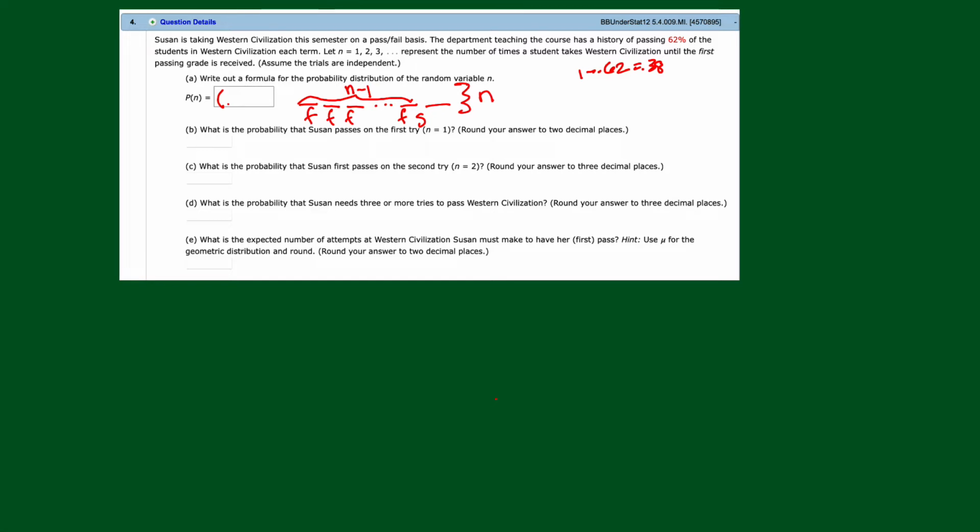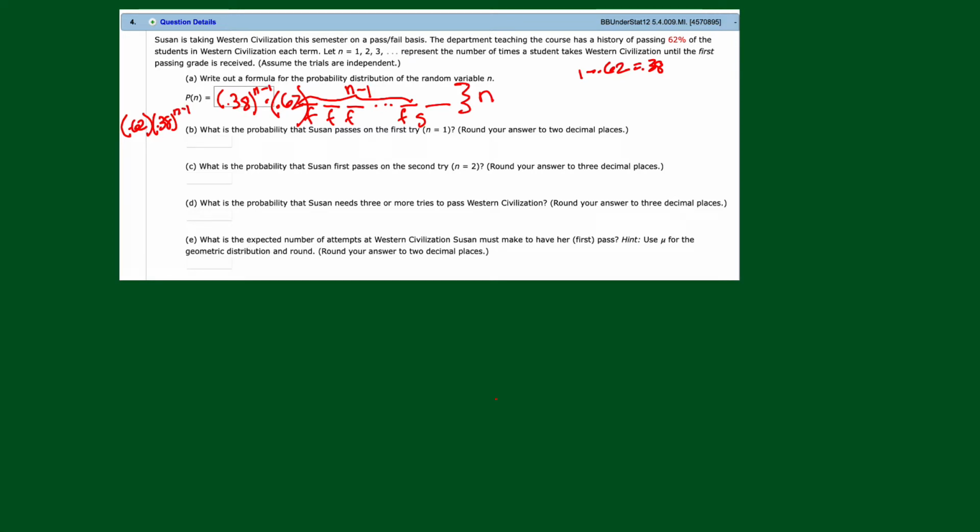I'm going to write it as 0.38 raised to the N minus 1, and then times the 0.62. Now, I suppose you could write it like this. It's multiplication, so the order doesn't matter. Maybe you could write it like this: 0.62 times 0.38 to the N minus 1. Same thing.